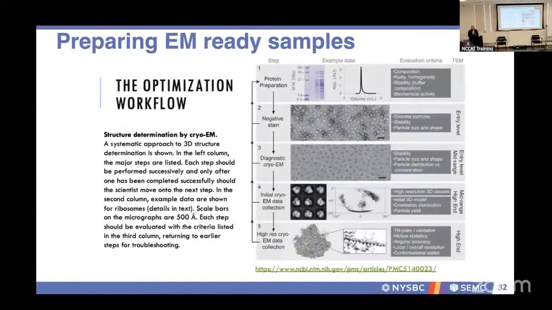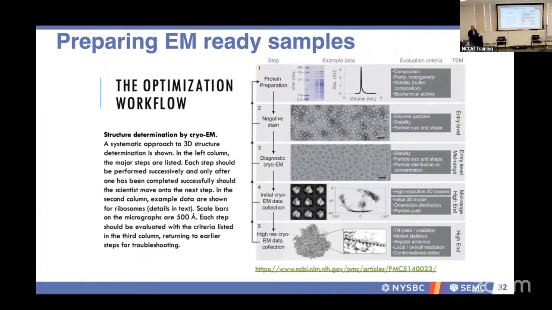So in terms of making EM ready samples, I think we'll start touching upon that. I think every lab has a particular workflow. There was a mention, when would you do negative stain? If you have a very novel construct, negative stain may be useful. If you're joining a lab that has done 100 years of biochemistry and for the past 10 years has a very stable platform, you may skip not only negative stain, but certain steps of the workflow because it's so tried and true.